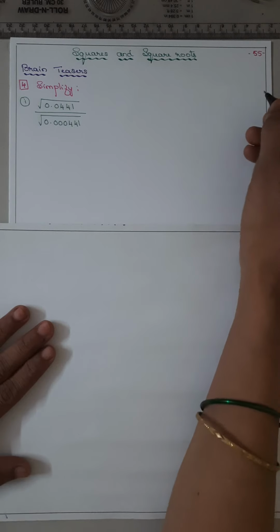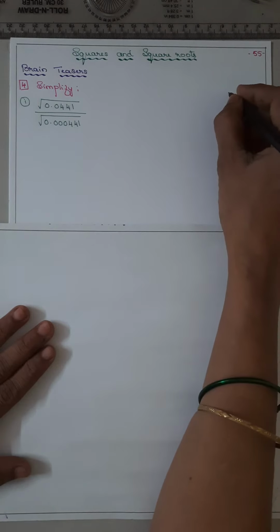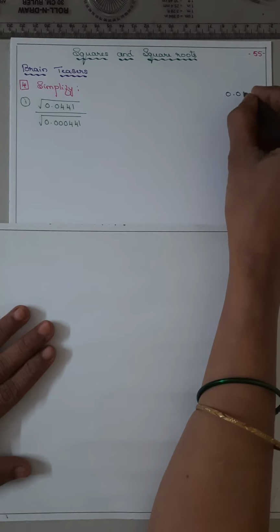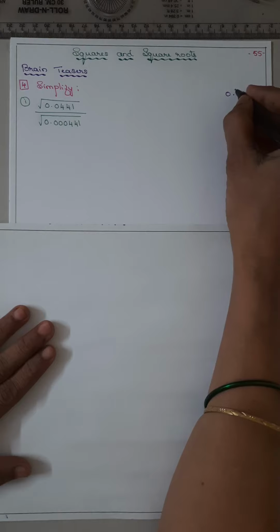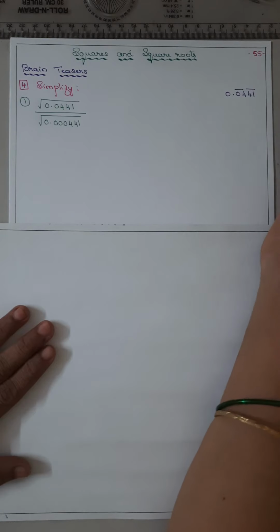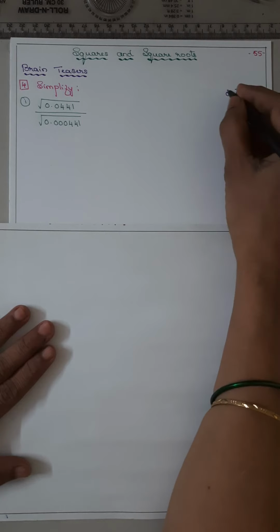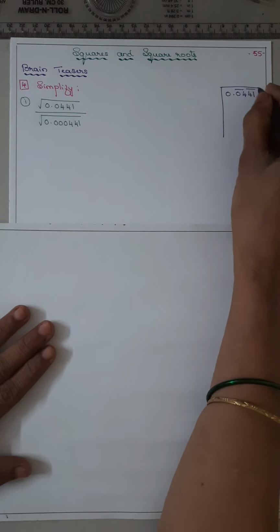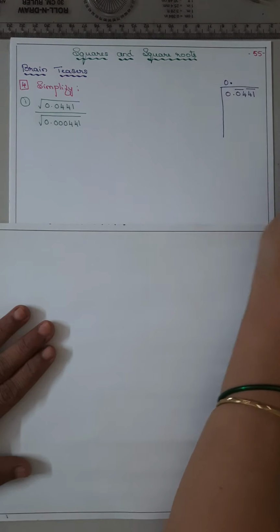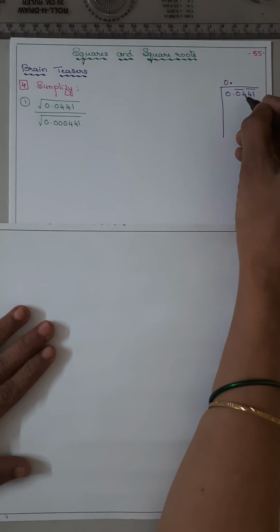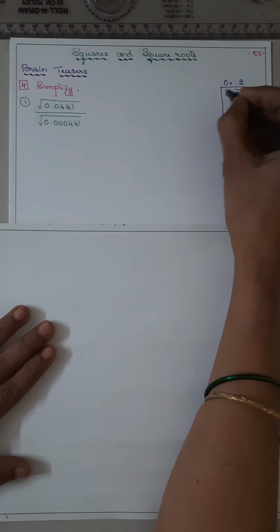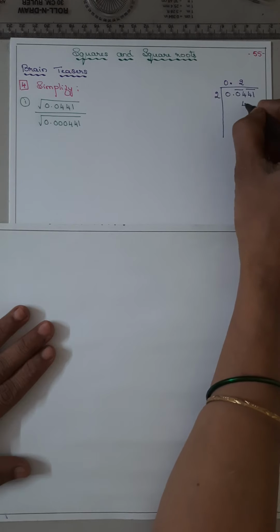First it is 0.0441. For the decimal places we group from left to right. It is first 0 as it is. Now we have to take 4, isn't it? So 2 2s are 4.